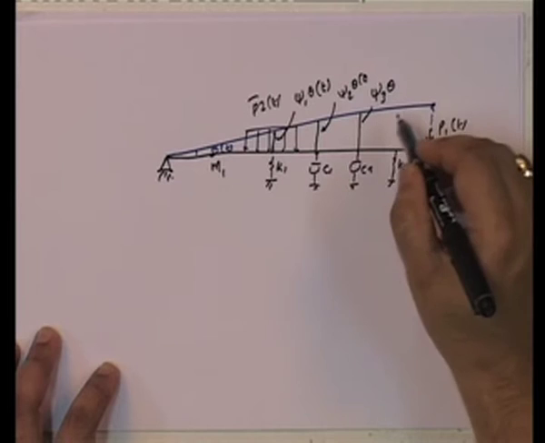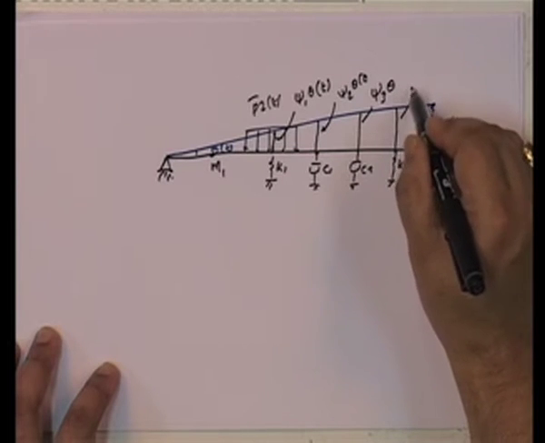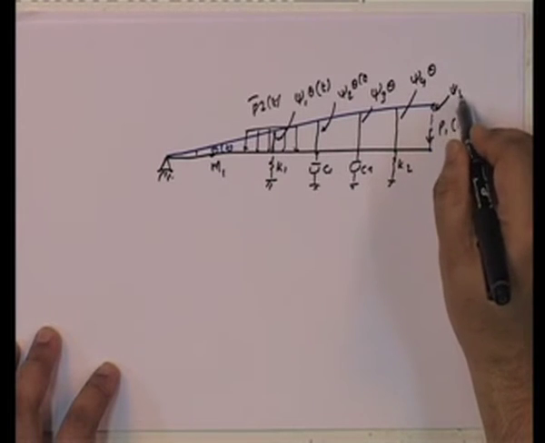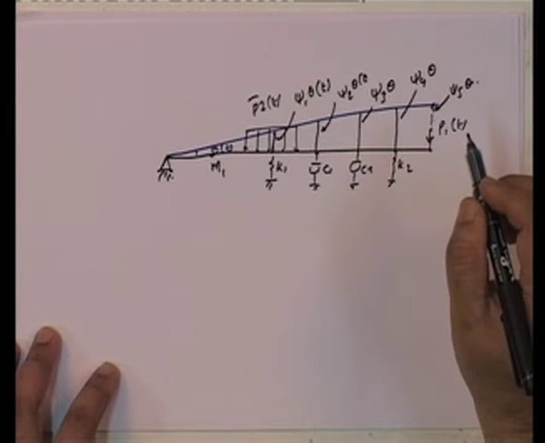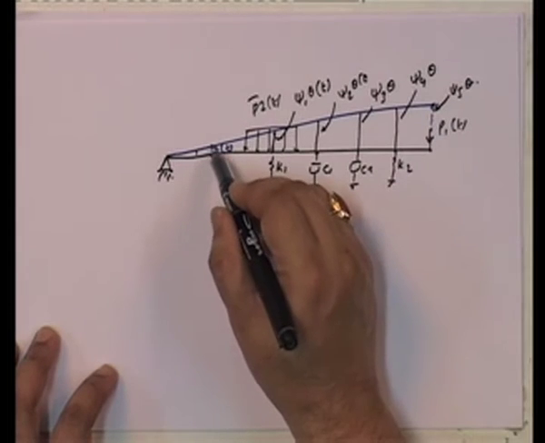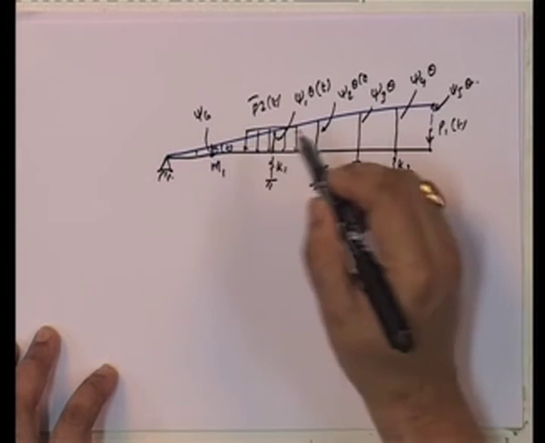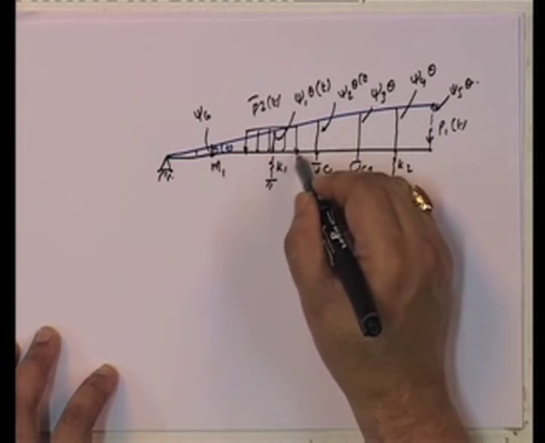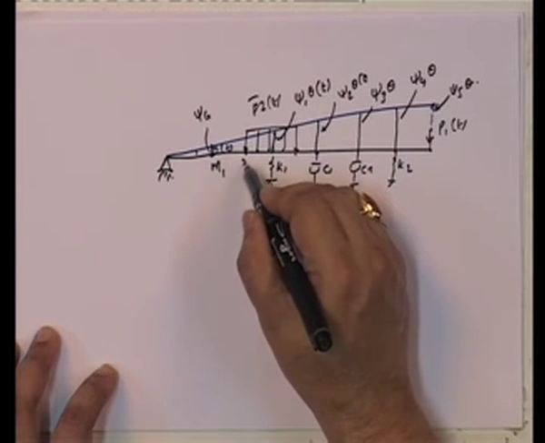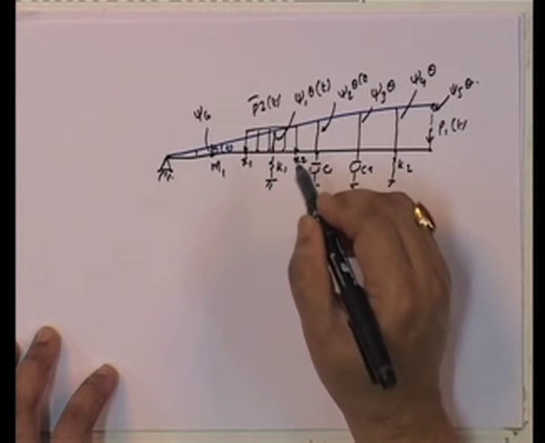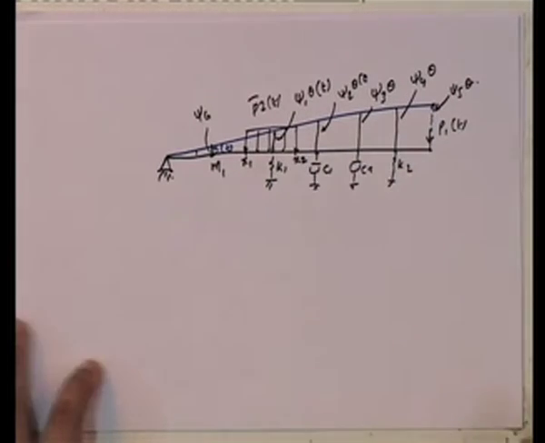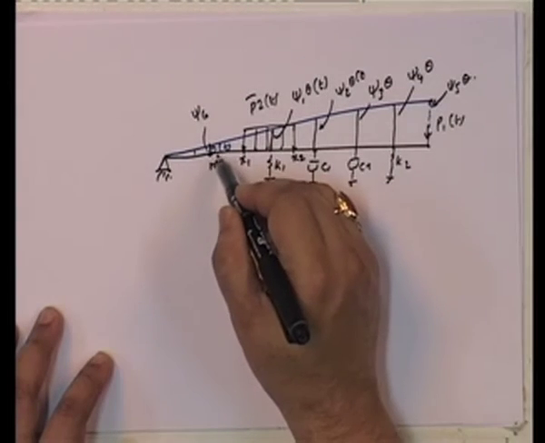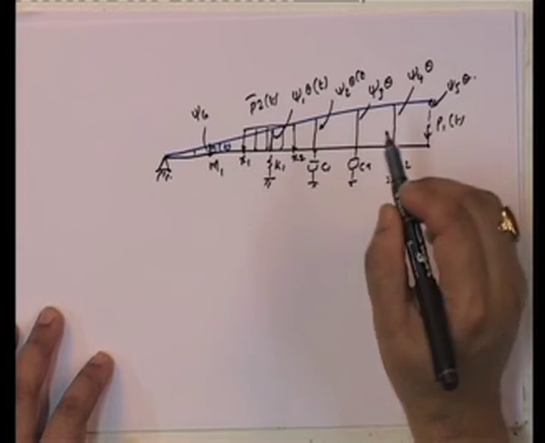I am not going to write down t anymore, because we know this is going to be xi 4 theta. This I will call as xi 5 theta. And this point I will call this as xi 6. And here I will call this as point x 1 and x 2.